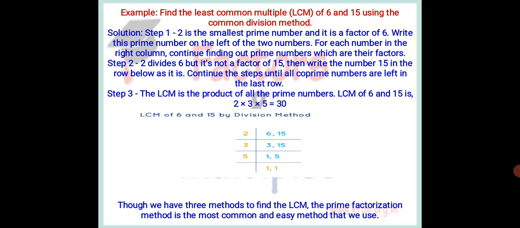So we keep on repeating this division process until we get the minimum number. Here we are getting 1 and 1. So we have got the prime factors for the LCM of 6 and 15. They are 2, 3 and 5. If we multiply them, 2 into 3 equals 6, 6 into 5 equals 30.